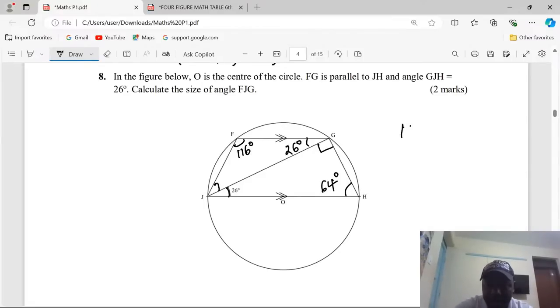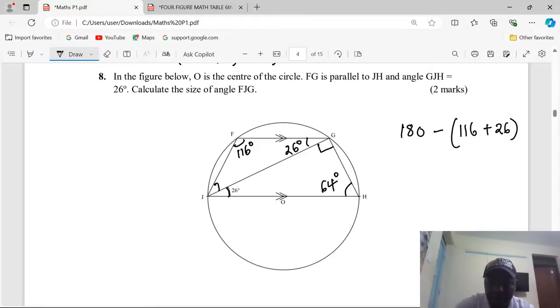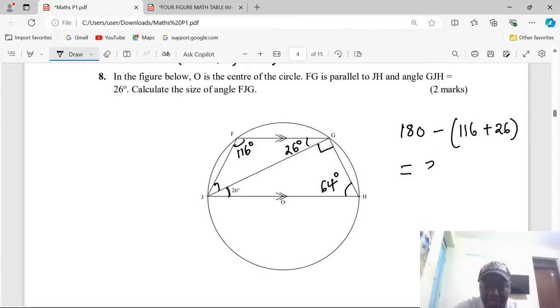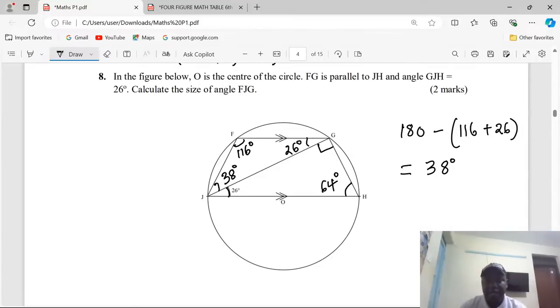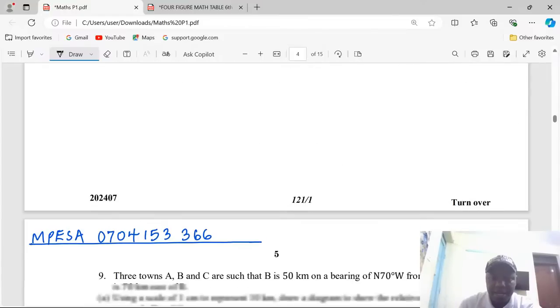So we take 180 and subtract 116 plus 26, and this gives us an angle of 38 degrees. So the angle at this point is exactly 38 degrees.